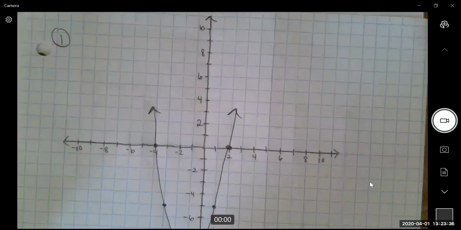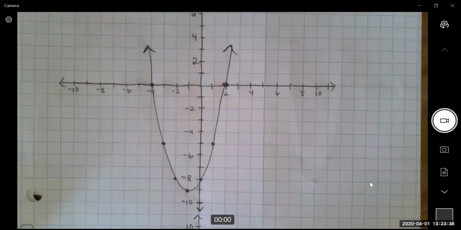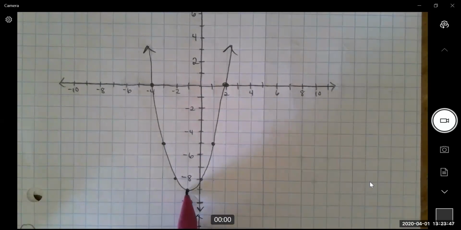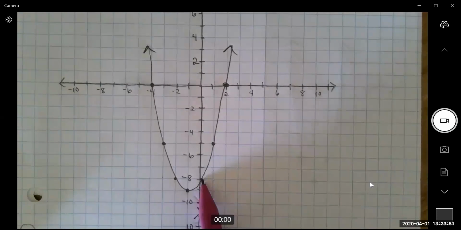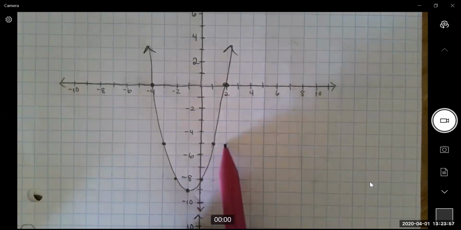All right, so let's look at this graph. I'm going to refer back to the shortcut that we used, which was that 1-3-5 rule. Remember, you start on the vertex. The 1-3-5 is you go over 1, up 1, over 1, up 3, over 1, up 5.